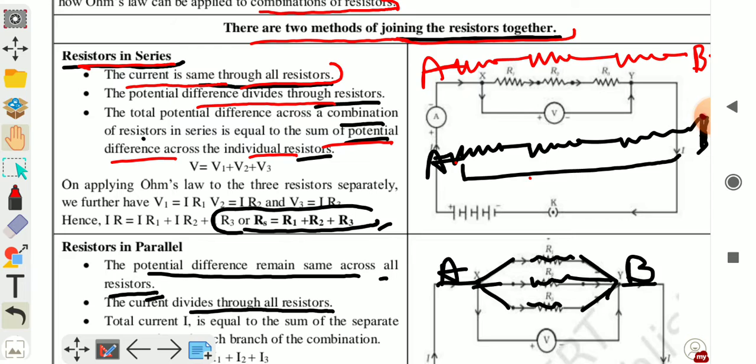On applying Ohm's law to the three resistors separately, we have V1 equal to IR1, V2 equal to IR2, and V3 equal to IR3.